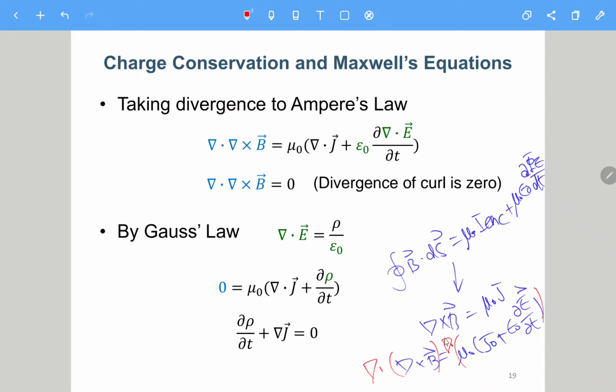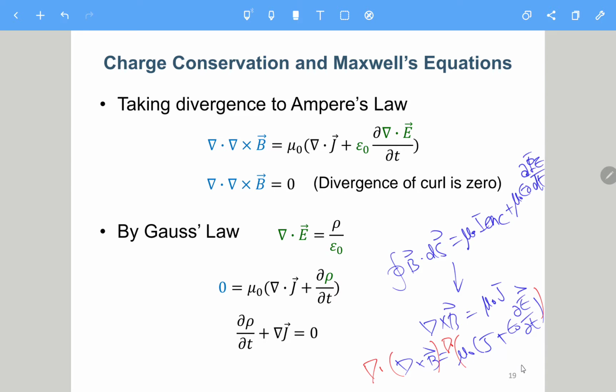On the right side, mu naught is just a scalar, so we can put the divergence inside. So we have mu naught times the divergence of J here.